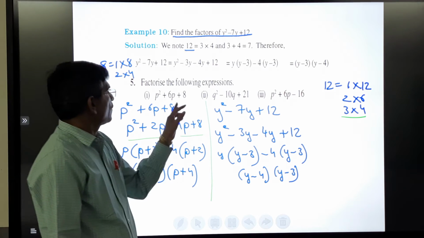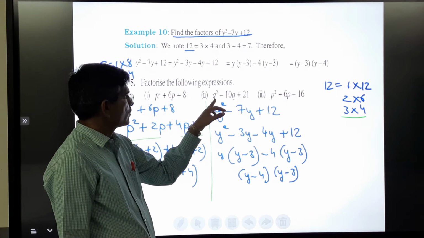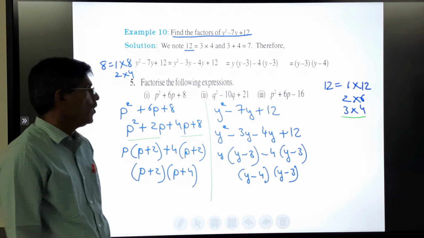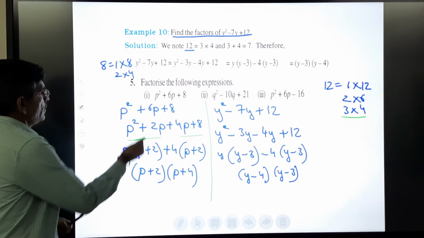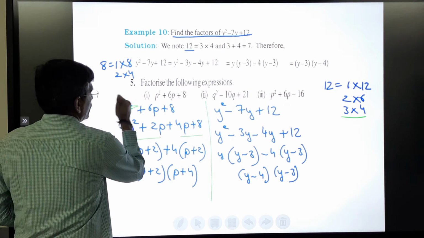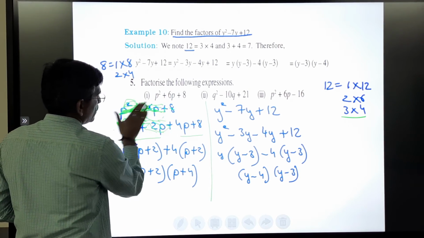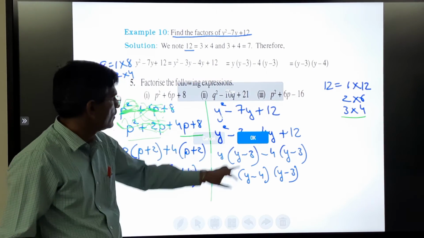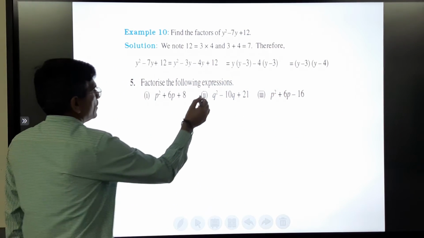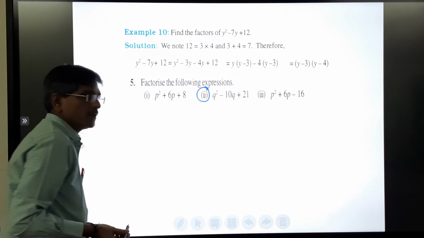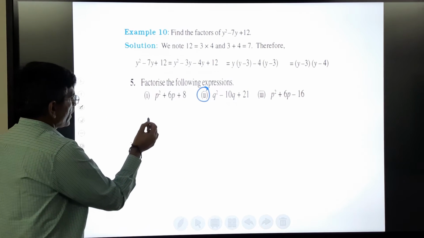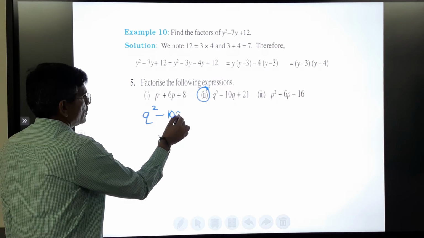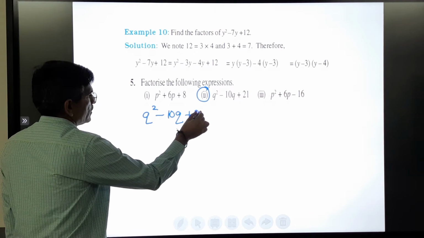Now the first is already completed. Now the second, q square minus 10q plus 21. So now try question number 2, that is q square minus 10q plus 21.